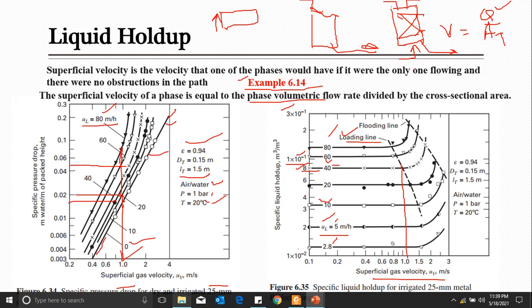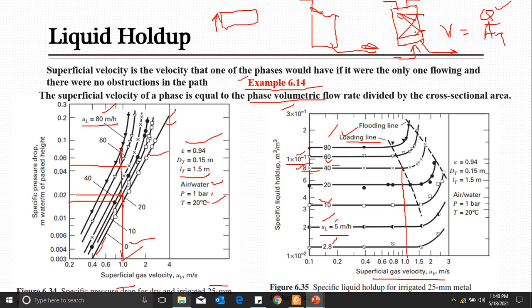But if you keep on increasing the vapor velocity, so how are you increasing it? Actually, you are increasing the vapor flow. When vapor flow is increasing, its area is constant, so it means the velocity will keep on increasing. So when the velocity keeps on increasing, you will reach some point where the vapor flow rate is very high, and it will develop the condition same as you have already seen in the case of the tray tower, that the vapor will start carrying the liquid towards the top of the column.